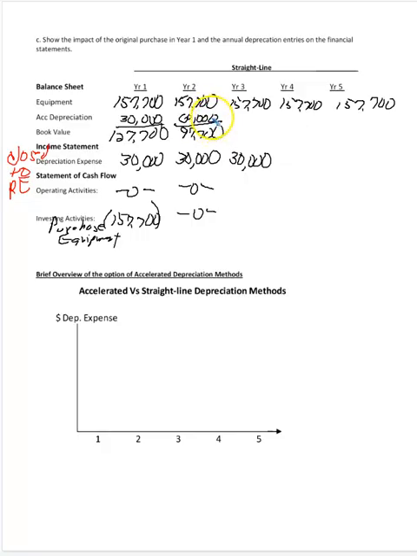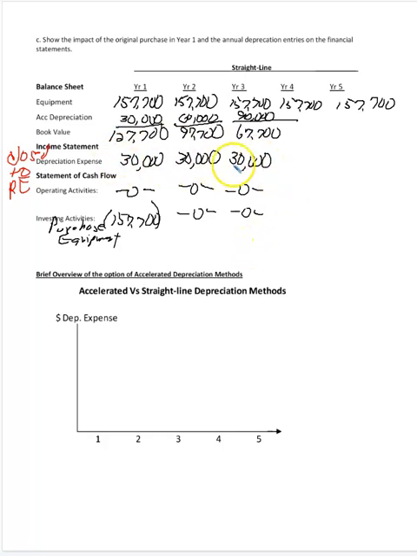So there's 60,000. We just added another 30. Now it's going to grow to $90,000. So now the book value is $67,700. 157.7 minus 90, 67.7. And again, there's no cash flow in that depreciation entry. That's the end of year 3.